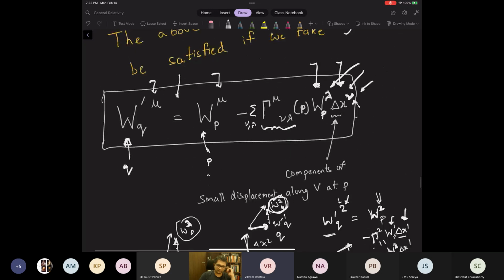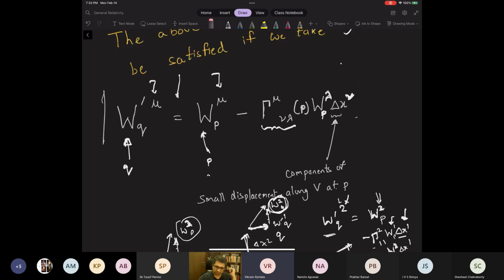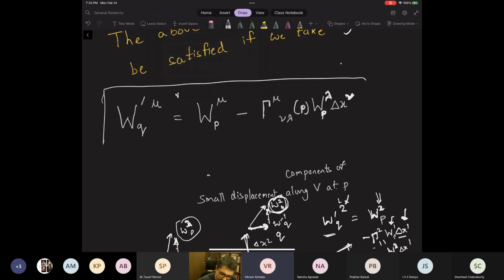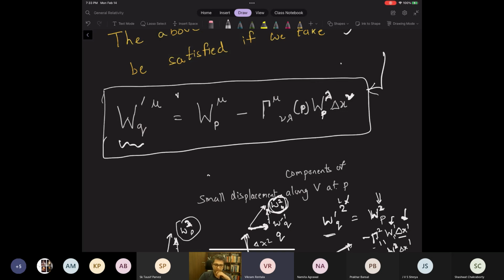Let me just rewrite the general rule here. The new components of the vector W are related to the old components, but they can also have additional corrections.